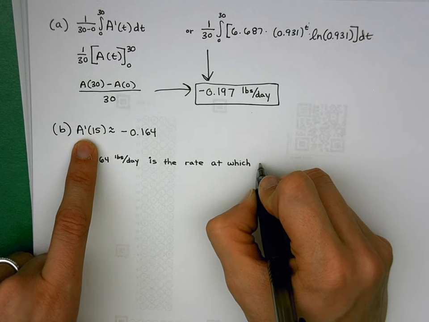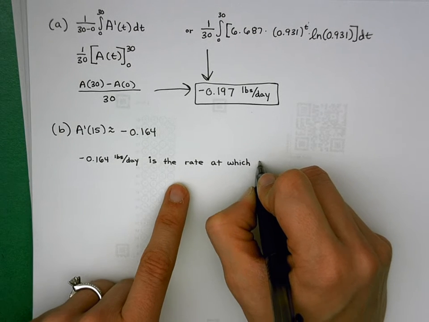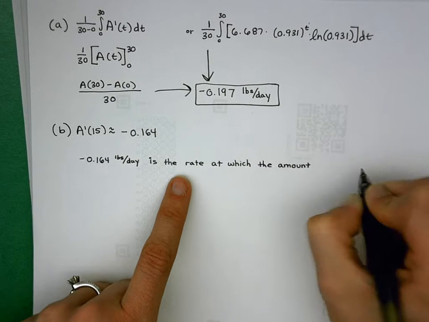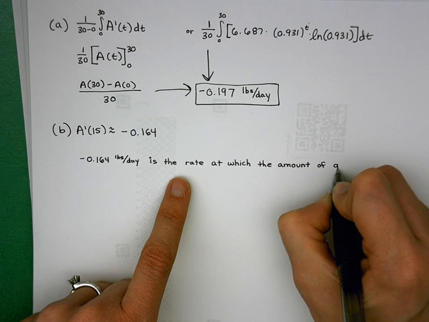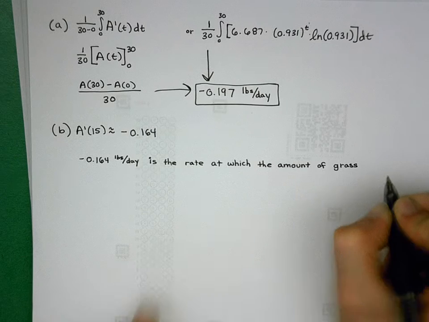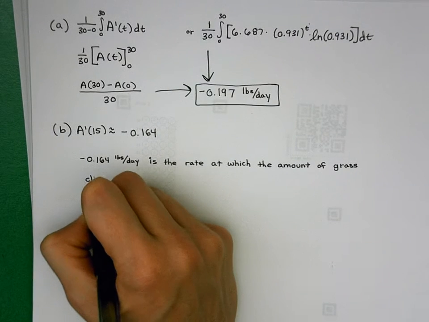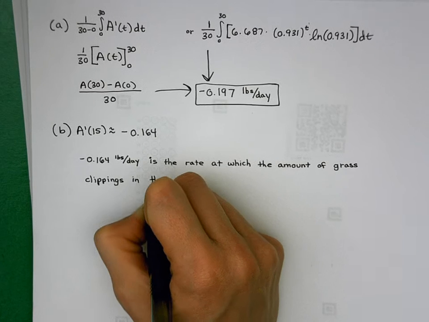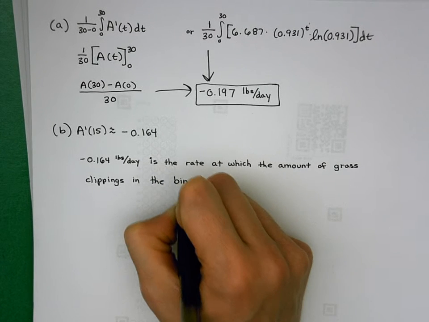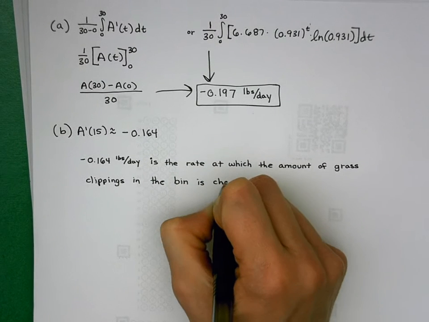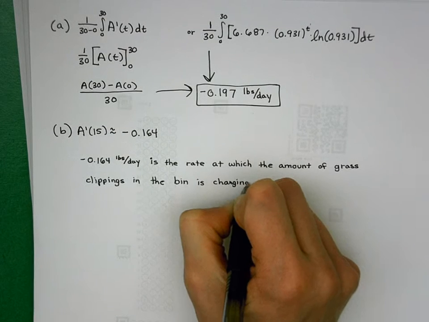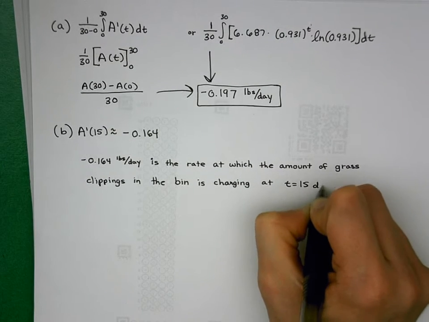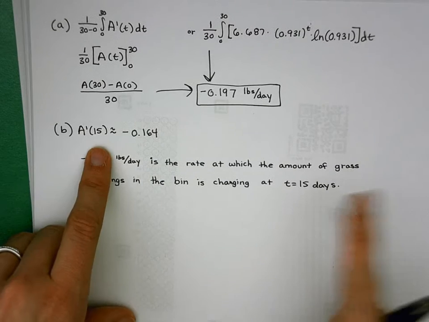A of t is the amount of grass clippings in the bin. So the rate at which the amount of grass clippings in the bin is changing at t equals 15 days, since this was a prime of 15.